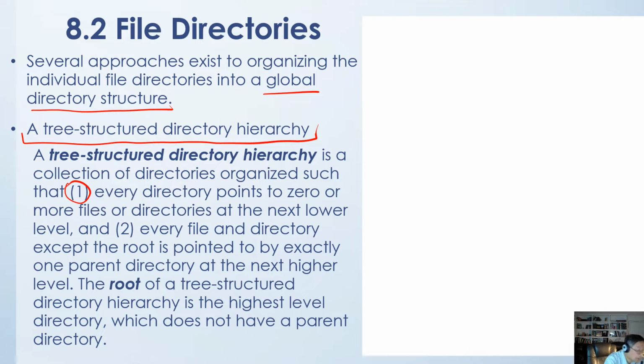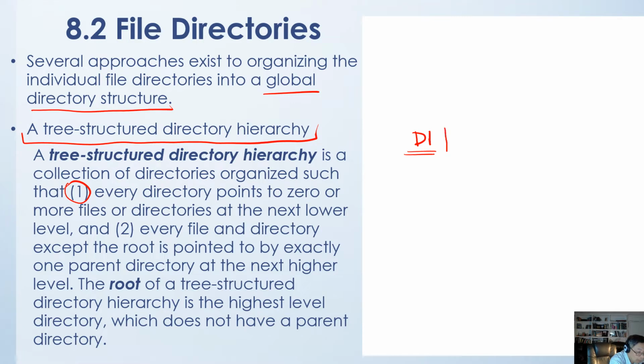So let's say here's a directory. We use D1 to represent the directory, and sometimes this is called the internal ID for the directory. Now, that directory D1 points to either 0, which means it does not contain any file, or points to more files.